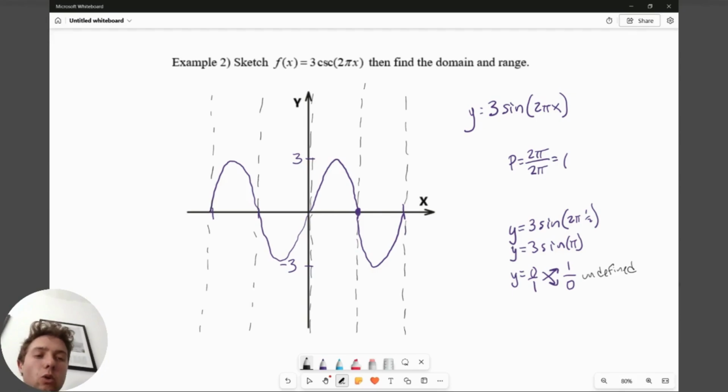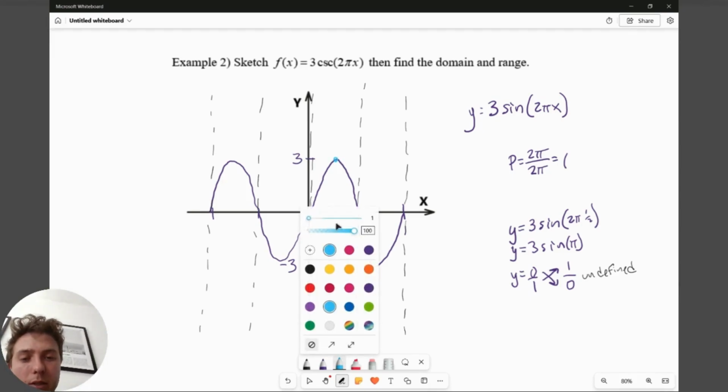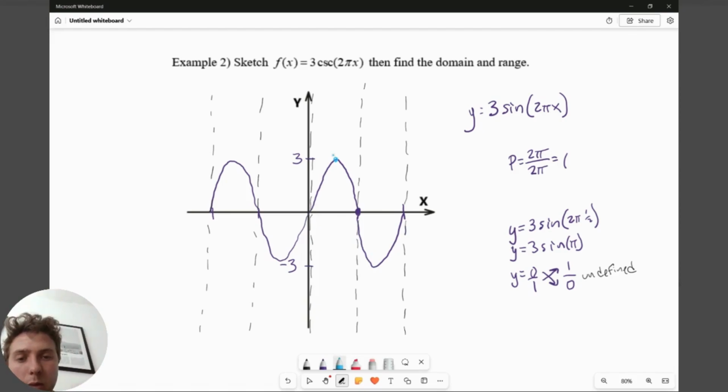But again, when you are taking a reciprocal, you're really just flipping it. So what's going to happen is at any of these coordinates, for example, if I'm at the coordinate up here, then what I can do is I can just flip this graph. But because there's asymptotes, your graph is just going to go alongside it. It's going to get infinitely close to it, but never actually cross it.